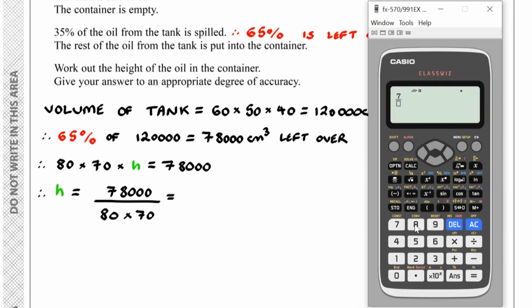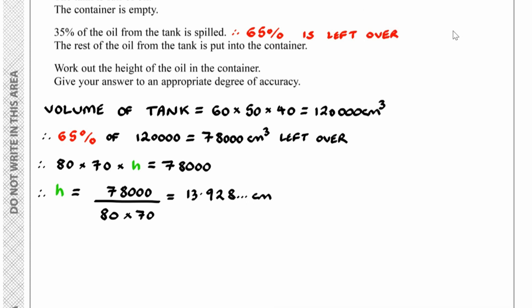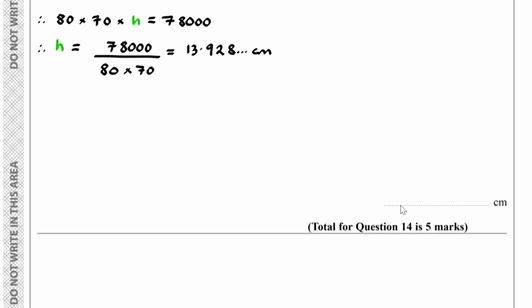So we've got 78,000 divided by 80 times by 70, and it turns out we get 13.928 etc. centimeters. So to an appropriate degree of accuracy, let's round it to the nearest whole number. We get a value of around 14 centimeters for h.